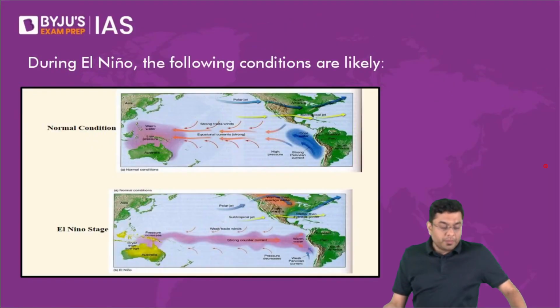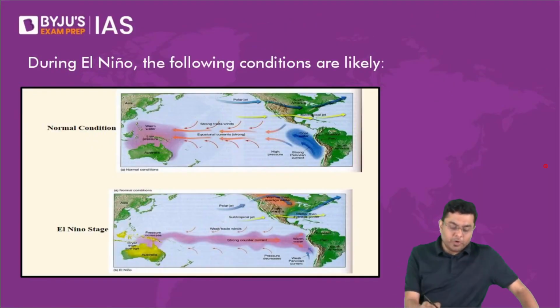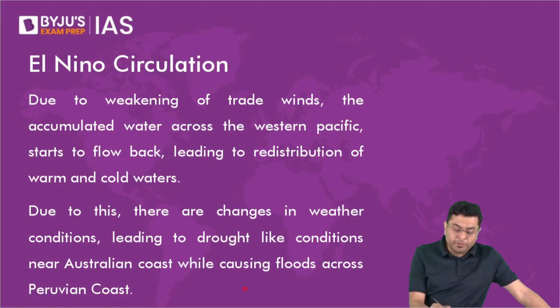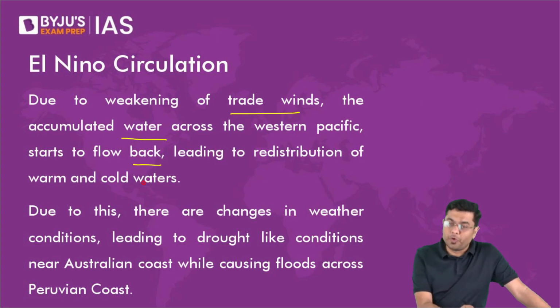Okay, so during the El Nino, observe that the warm water which was accumulated in the Western Pacific begins to flow back and accumulates in the region of the Central and the Eastern Pacific. So due to weakening of trade winds, the accumulated water across the Western Pacific starts to flow back, leading to redistribution of warm and cold waters.